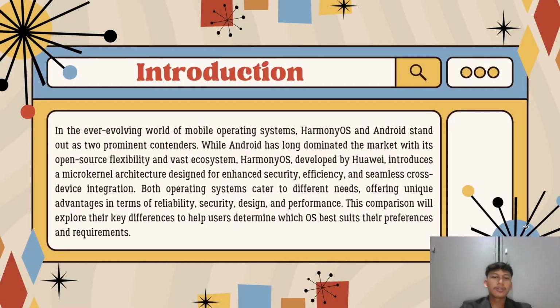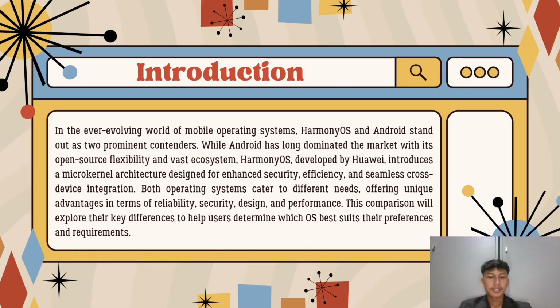For the introduction, in the ever-evolving world of mobile operating systems, HarmonyOS and Android stand out as two prominent contenders. While Android has long dominated the market with its open source flexibility and vast ecosystem, HarmonyOS, developed by Huawei, introduced a microkernel architecture designed for enhanced security, efficiency, and seamless cross-device integration.